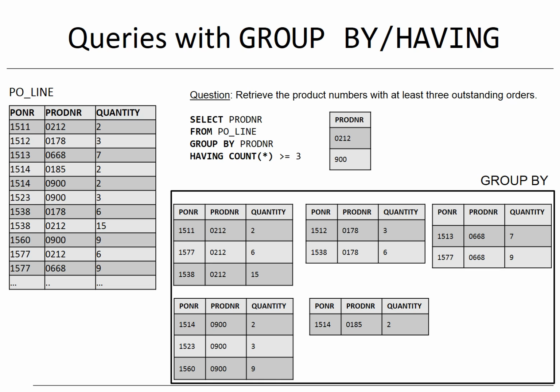The HAVING COUNT(*) >= 3 clause will count how many tuples are in each group and see whether this is bigger than or equal to 3, in which case the product number will be reported. For the group with product number 212, the HAVING COUNT(*) will give 3, and since this is bigger than or equal to 3, the product number 212 will be reported.